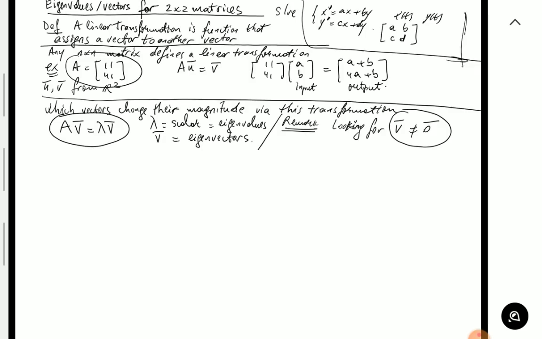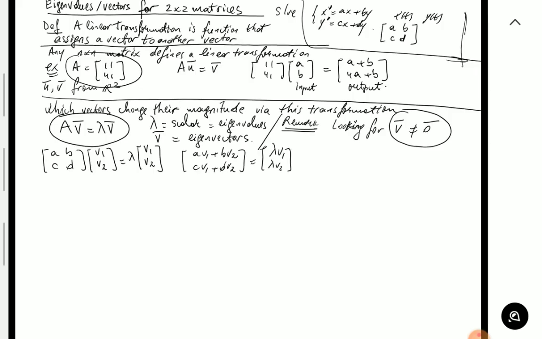So let's illustrate what this equation becomes in the 2 by 2 case. In general, if I have a matrix A, B, C, D, and I multiply it by a vector with components V1 and V2, if I want that multiplication to be lambda V1 and V2, then if I carry out the computation on the left and on the right, we get a system in V1 and V2.